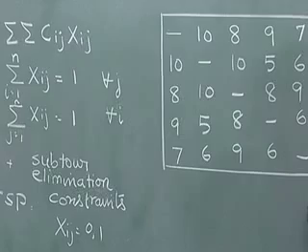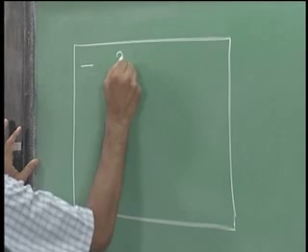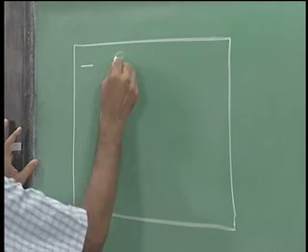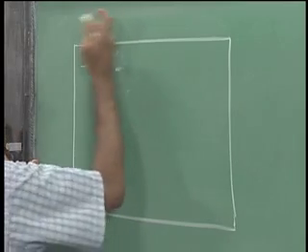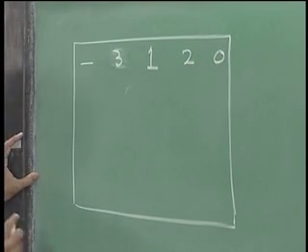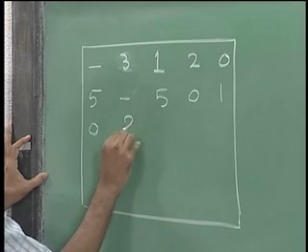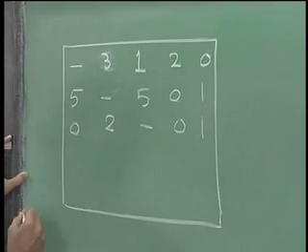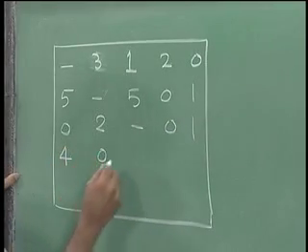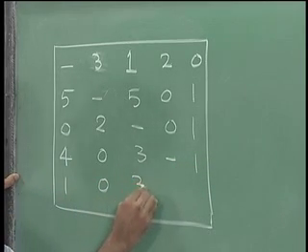and in order to solve the assignment problem, we first subtract the row minimum to get the following matrix: 1, 3, 1, 2, 0, 5, 5, 0, 1, 0, 2, 0, 1, 4, 0, 3, 1, 1, 0, 3, 0.